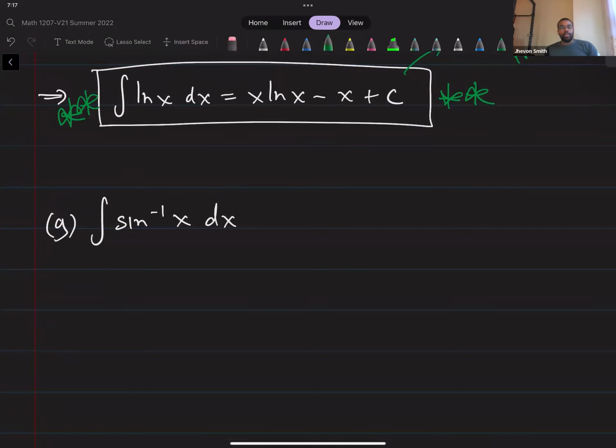What do we do for sine inverse? We know the derivative of sine inverse, which is 1 over the radical of 1 minus x squared. You know that as of yesterday, the latest. And so now we want to find the integral of sine inverse.